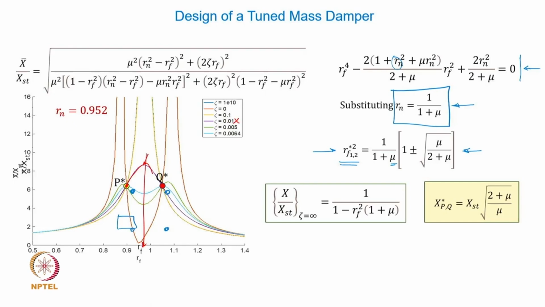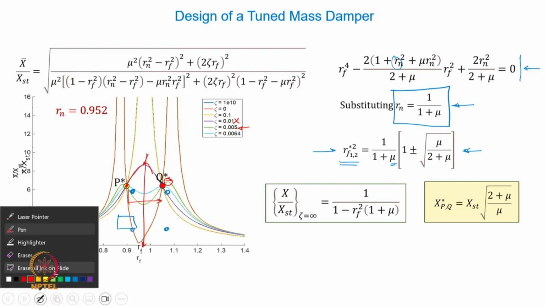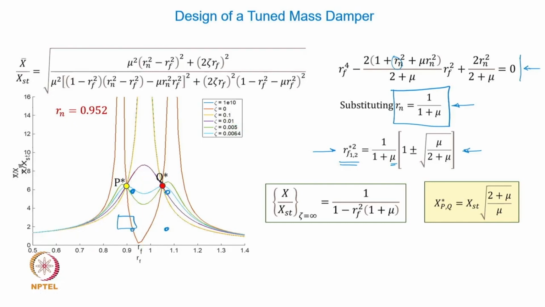If you choose a slightly different damping ratio like 0.005, the graph has very low level of amplitudes between p and q, but beyond q the amplitude again shoots up a bit. And so that means we need to ensure, as we have discussed, the basic design process is not only have xp equal to xq, but also appropriate damping ratio to be chosen.